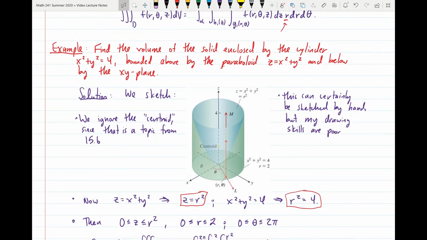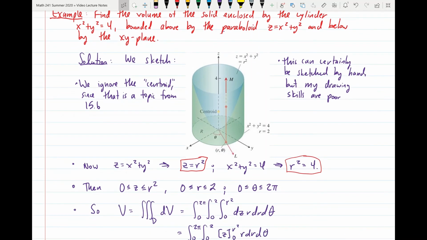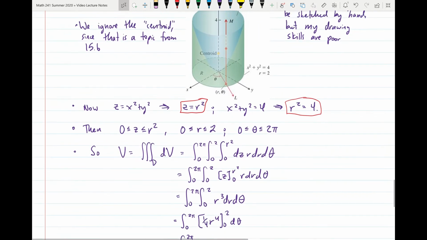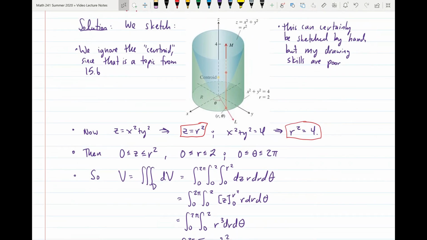And lastly, we have that it's bounded below by the xy plane, which would just be the equation z equals 0, which is already in cylindrical coordinates, so we don't have to worry about that. Okay, and from here, we want to find the limits of integration for the variable z.